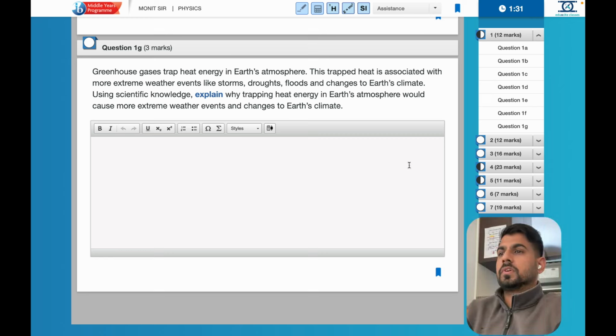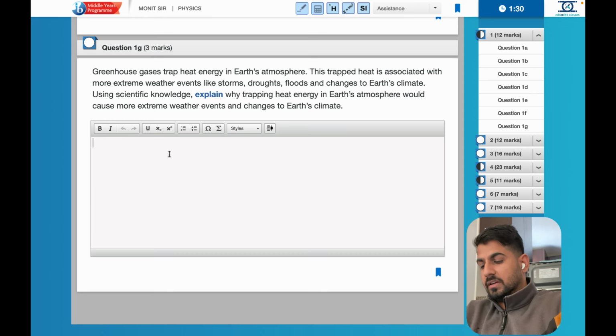Okay. So if you have read the question carefully, if more greenhouse gases are trapped in the Earth's atmosphere, why would trapping heat energy in the Earth's atmosphere cause more extreme weather events and changes to the Earth's climate? Basically, they are asking you about the phenomenon of the greenhouse effect with respect to the change in the Earth's climate.